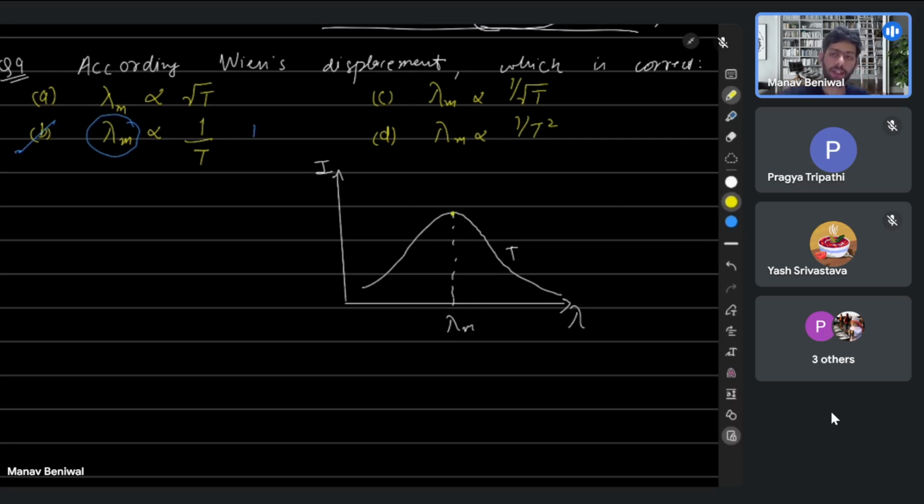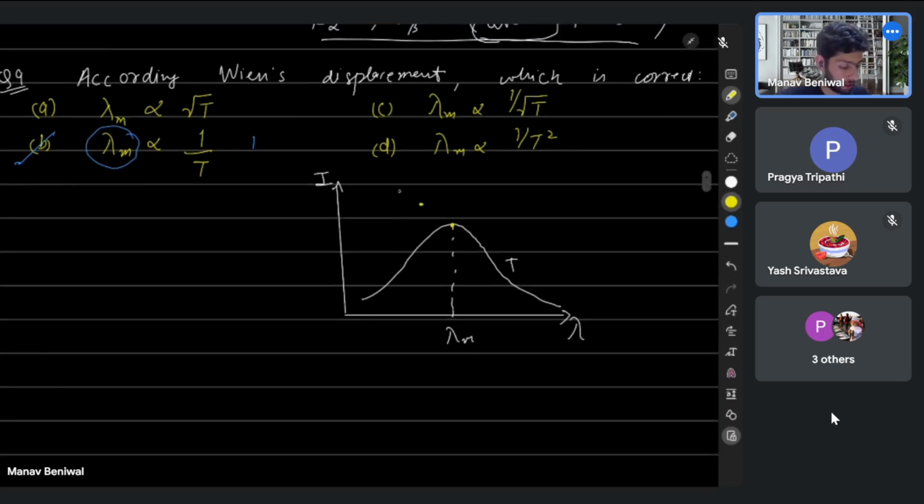So if you increase your T, your temperature now increases, so your wavelength will decrease. So this will shift somewhere here now, and it will keep on shifting like this, depending on how much you increase your temperature. So this line is with increasing temperature.